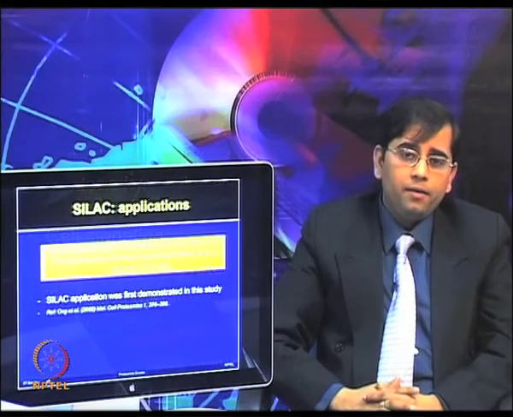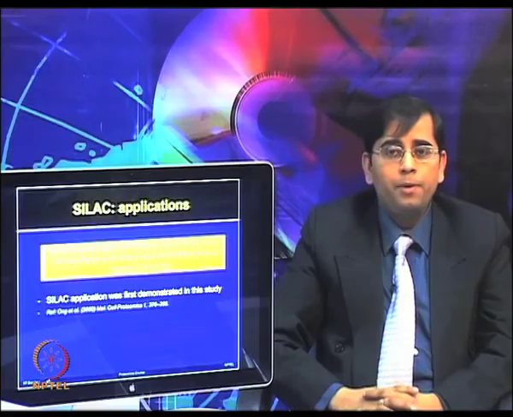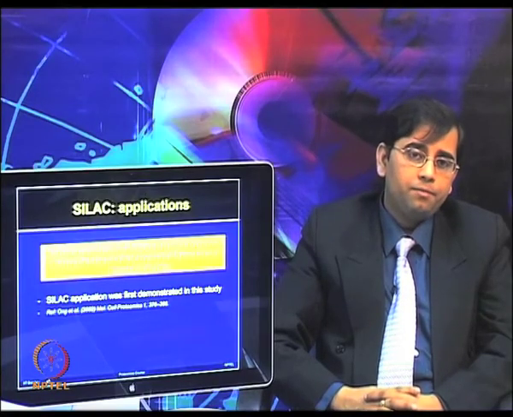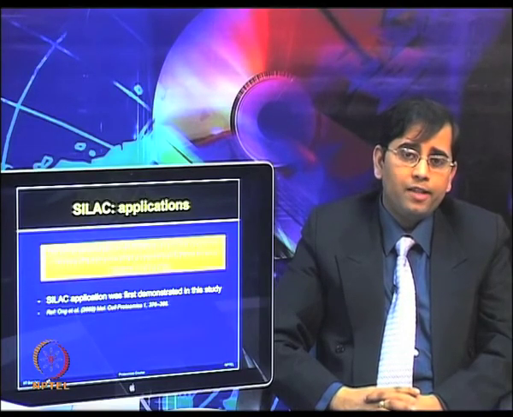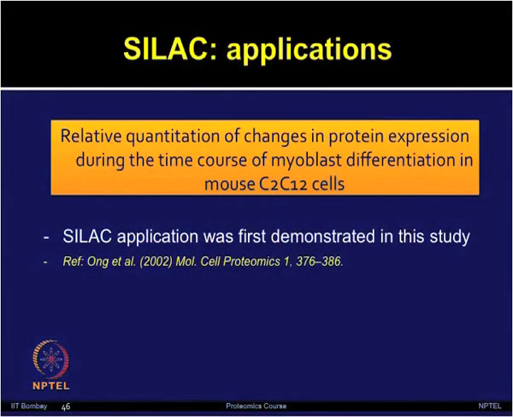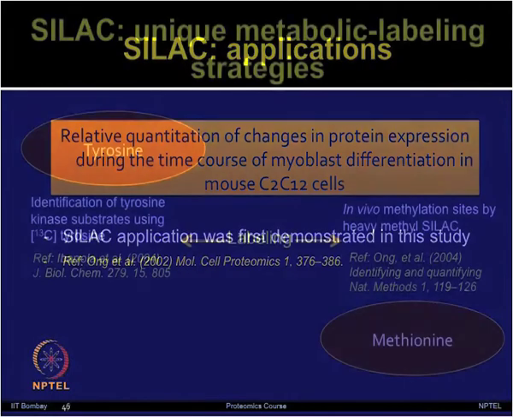So, Ong et al. in 2002 published a paper in Molecular Cell Proteomics, which was the first SILAC application demonstrated, where they used the relative quantitation of changes in protein expression during the time course of myoblast differentiation in mouse cells.